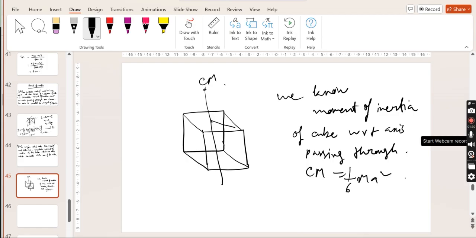From the center of mass, we have to calculate the moment of inertia of the cube around an axis which coincides with the side. So let us say this side. This is actually the whole diagonal, this is the half diagonal. So basically A by root 3.